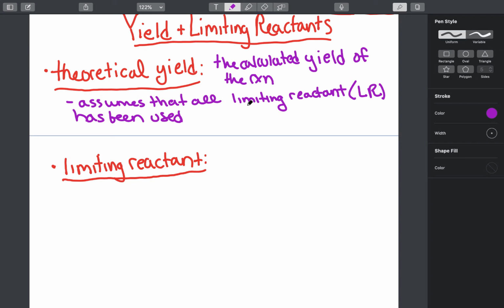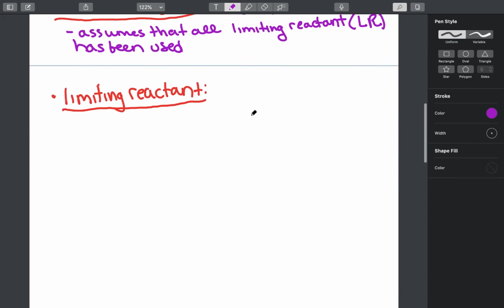So theoretical yield assumes that all of the limiting reactant has been used. None of it is left over. Now, this is not the case in real life. Oftentimes you'll have unreacted materials, and that's when we're going to get into percent yield. However, before we get into percent yield, I think it's very important to talk about the limiting reactant.